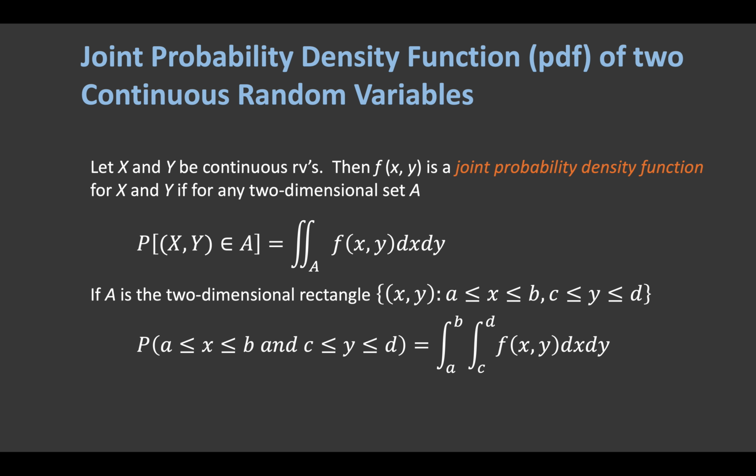If for any two-dimensional set A, P((X,Y) belongs to A) equals the integral and another integral over the entire A of the double integral of this f_XY, then that gives you the probability.